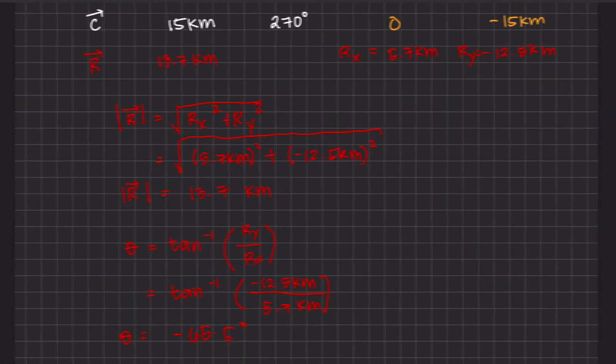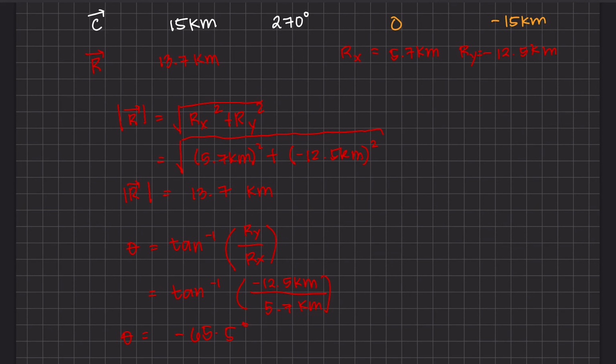But we have to be very careful, because for all we know, your Ry and Rx, or your resultant vector R, is located at the fourth quadrant, wherein you have positive x and then negative y. Negative 65.5, if you're going to look at that one, it is measured from the positive x-axis, and then you go clockwise.